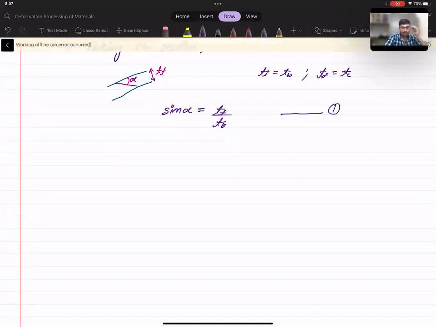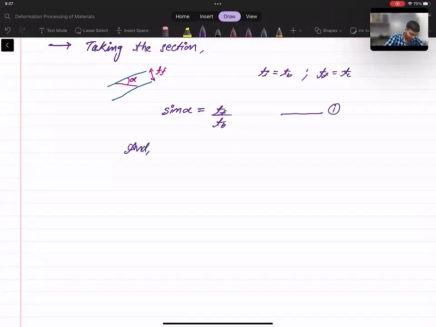Okay. And there is one more relation with the strains, that the ratio of initial thickness to final thickness is equal to e raised to the power epsilon 1 and e raised to the power epsilon 2. Epsilon 1 and epsilon 2 are the strains, or we should say the true strains. Okay.